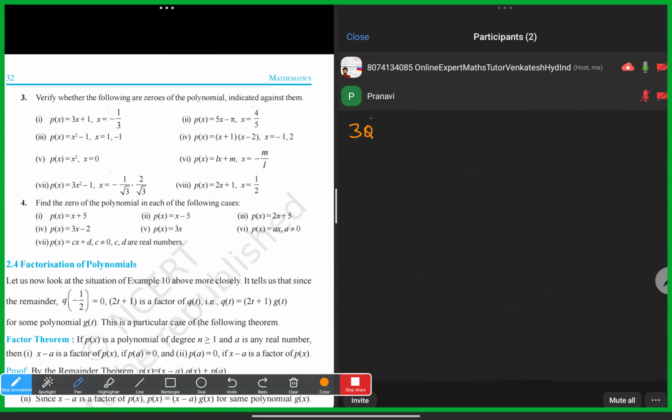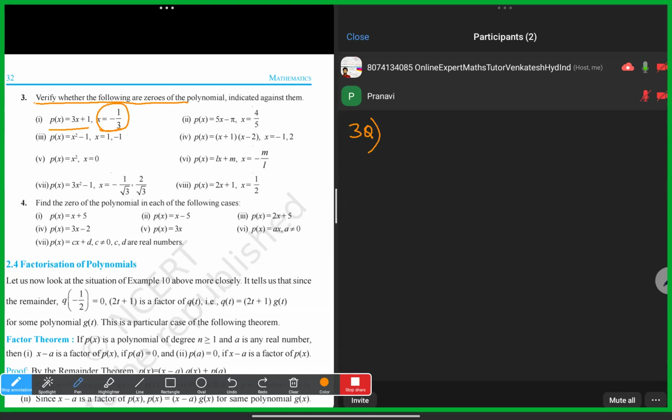Okay, Pranavi. So verify whether the following are zeros of the polynomial indicated against them. Means, Pranavi, they gave some polynomial and they gave certain x values beside it. They're asking us to verify whether the x values which they gave are zeros of the given polynomial.